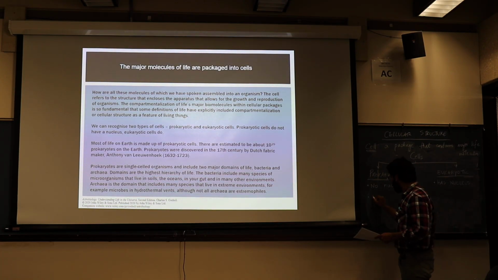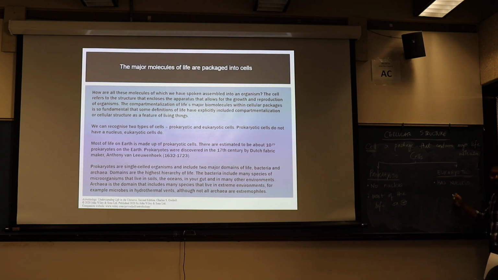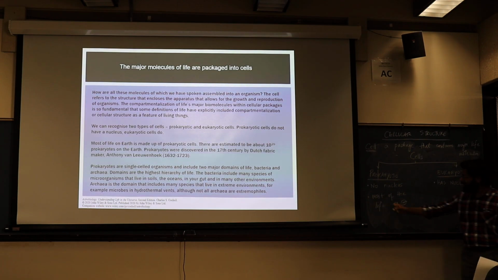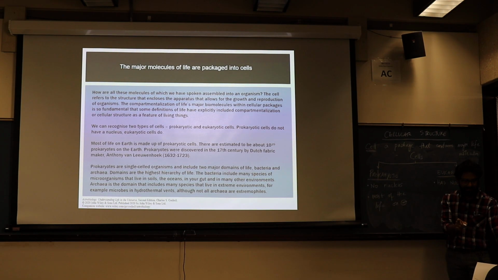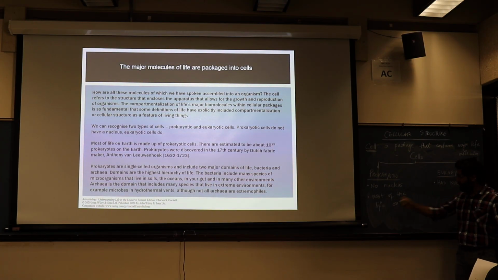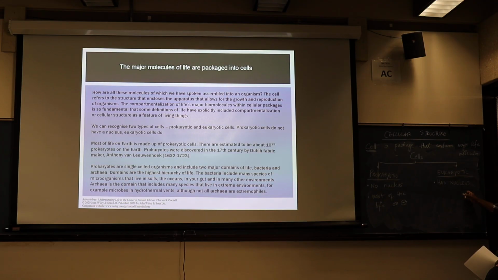This is most of the life on Earth. This is not, this is special. There are more prokaryotic organisms. That means there are more bacteria and more archaea than we have these kinds of eukaryotic organisms.